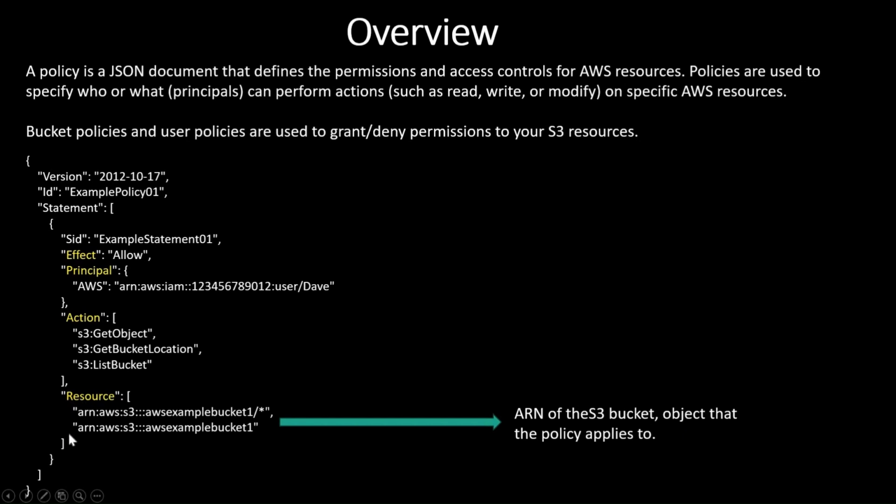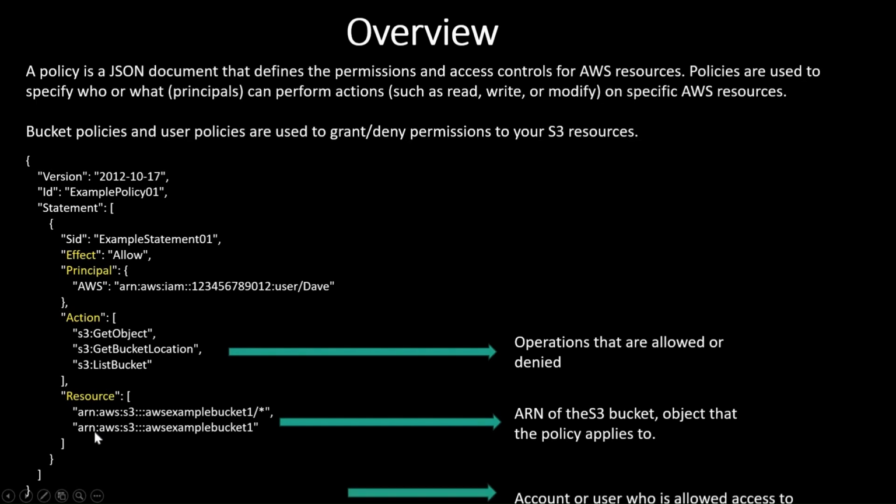So this policy will apply to these resources: AWS example bucket. And then next is action. Actions are the operations that are allowed or denied. So these are the actions: get object, get bucket location, list bucket on this resource.